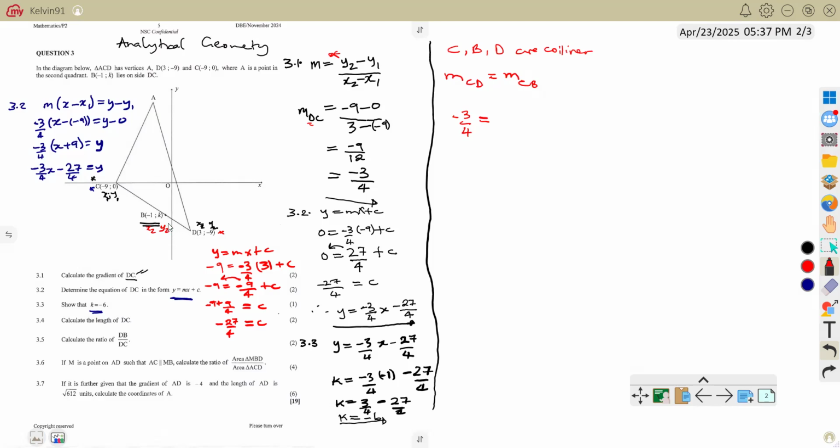So our y2 in this case it's k. So it's gonna be k minus our y1. In this case it's 0 over x. Here it's -1. Then it's gonna be minus the x1, which is -9.